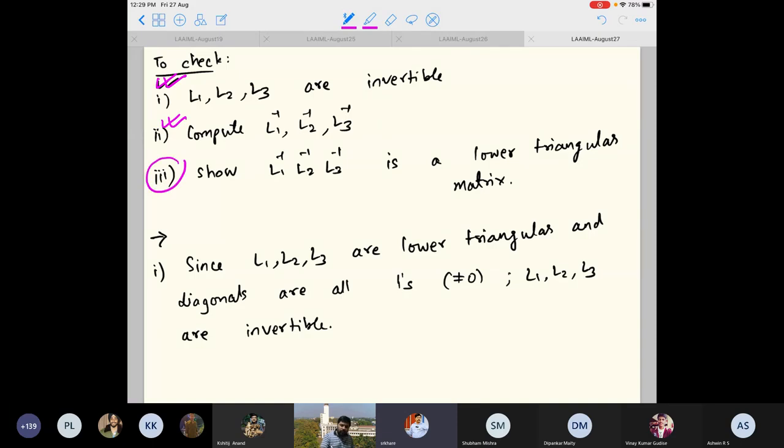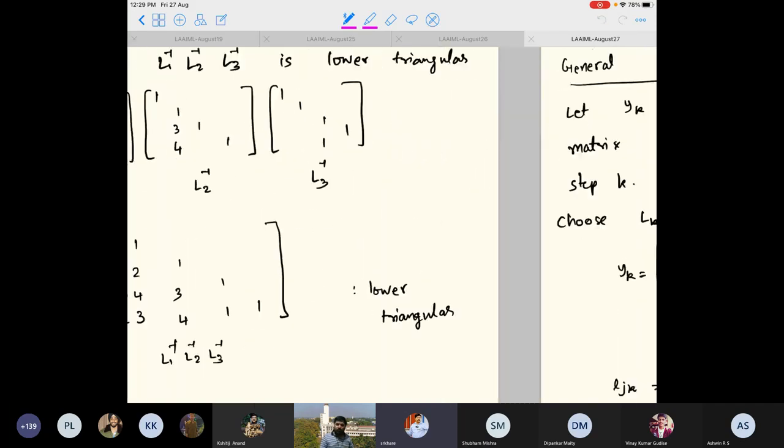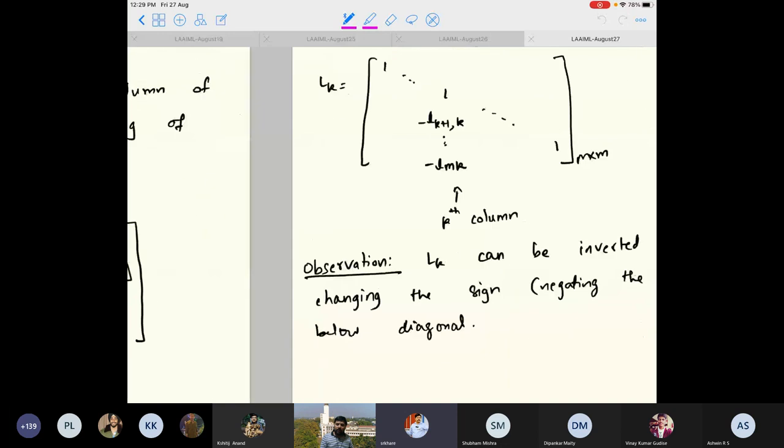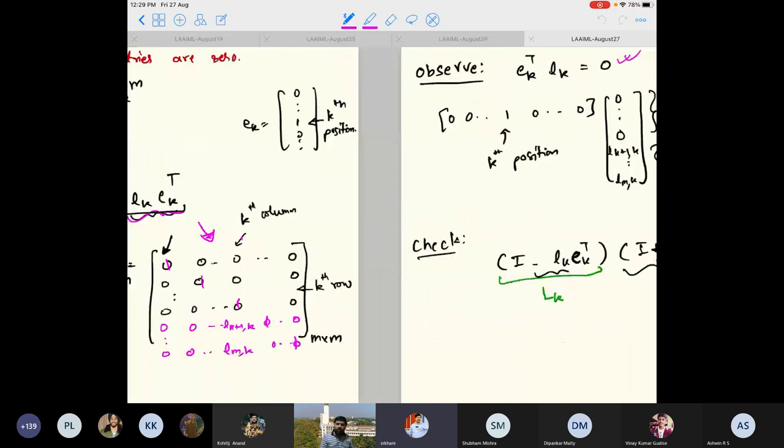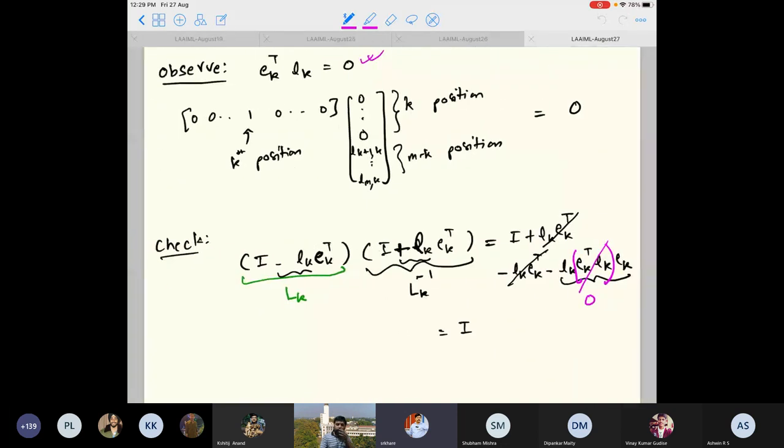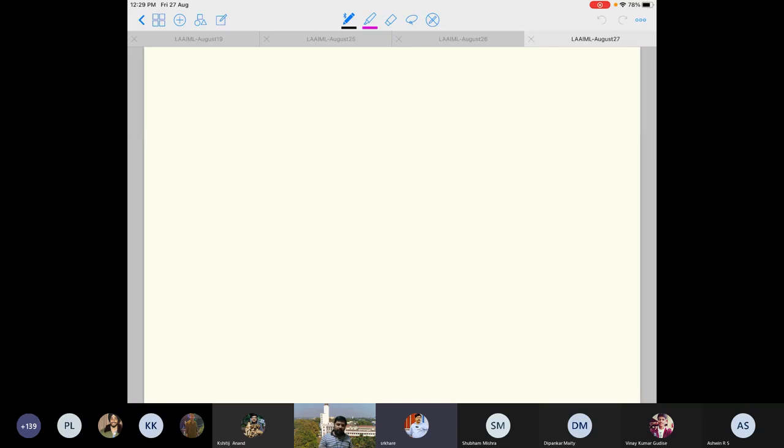I will leave this as homework, and you can show very easily, using similar calculations, that in general this product is lower triangular. That will prove that A is equal to LU.